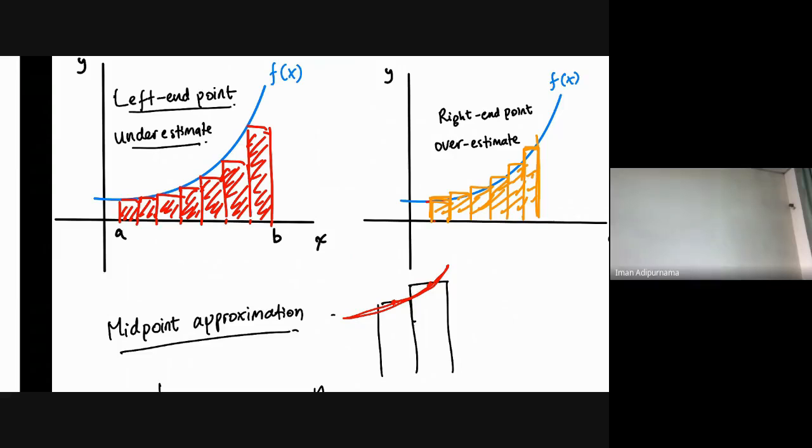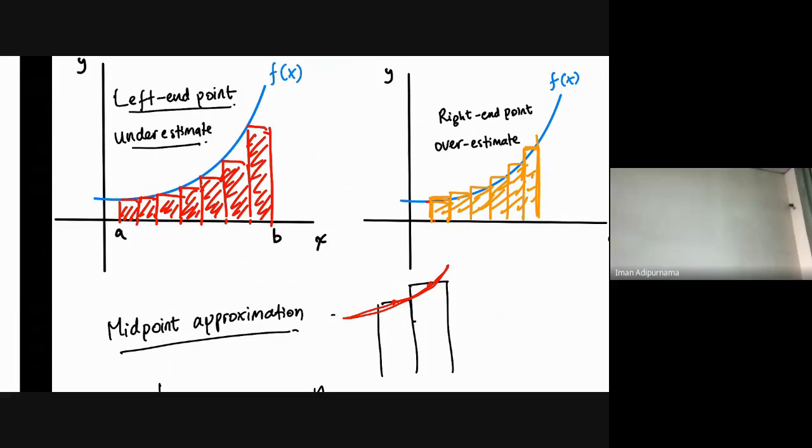It also depends on the function, whether it is an underestimate or overestimate. It's not always the case that left endpoint is an underestimate. It depends on the function, and the functions can be like this, right? And of course, with left and right, the boxes will also be different.